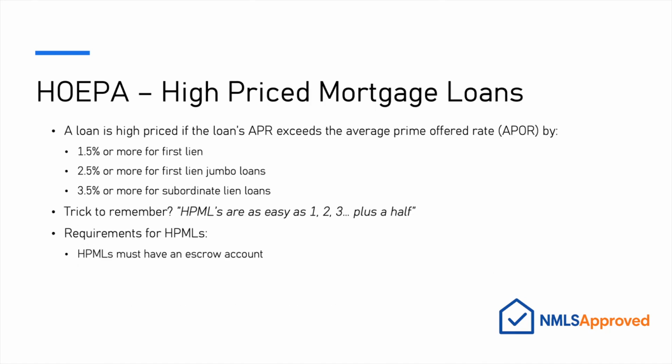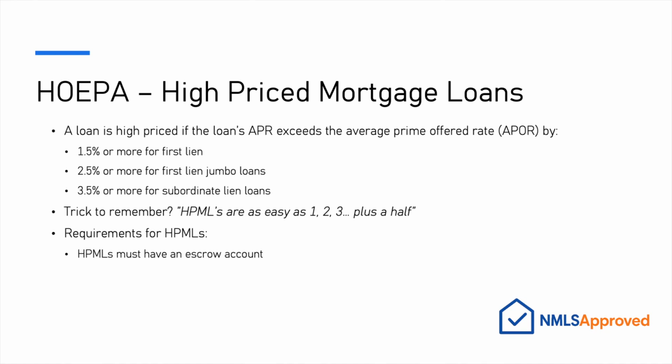Now, HOPA also sets up high-priced mortgage loans. A loan is going to be considered high-priced if the APR exceeds the APOR by 1.5, 2.5, or 3.5. And these are the same thresholds as for the high-cost loans. So it is 1.5 for first lien, then first lien jumbo, then subordinate lien.